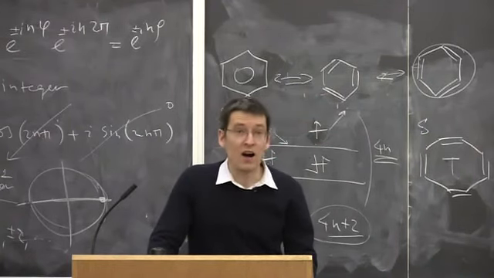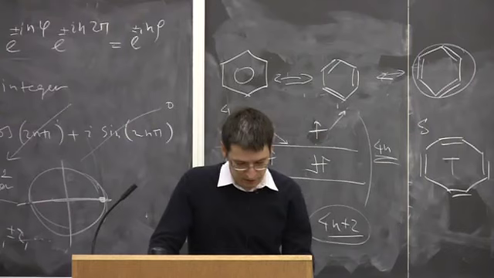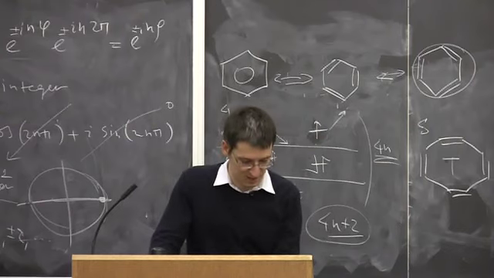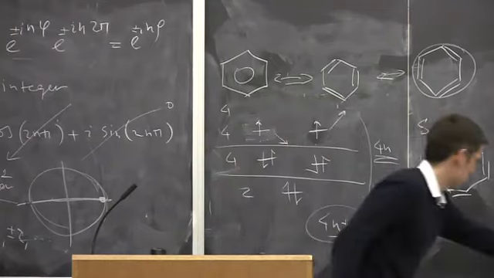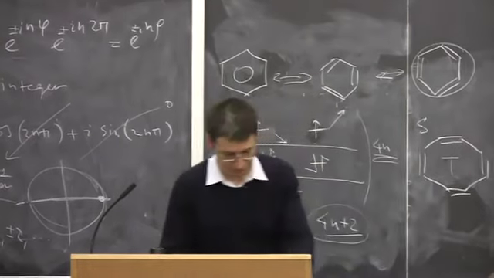Now, let's see how quantitatively we can describe, say, the spectrum of benzene with this particle on a ring. Okay? So the trick here is to put in the right parameters, the radius in this case.